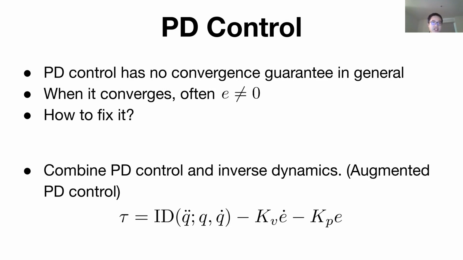The way to fix it is by combining both inverse dynamics and PD to form the augmented PD control, where PD is only used to mitigate the residual error from the inverse dynamics controller. The augmented PD control will converge to zero error if the robot is modeled correctly.